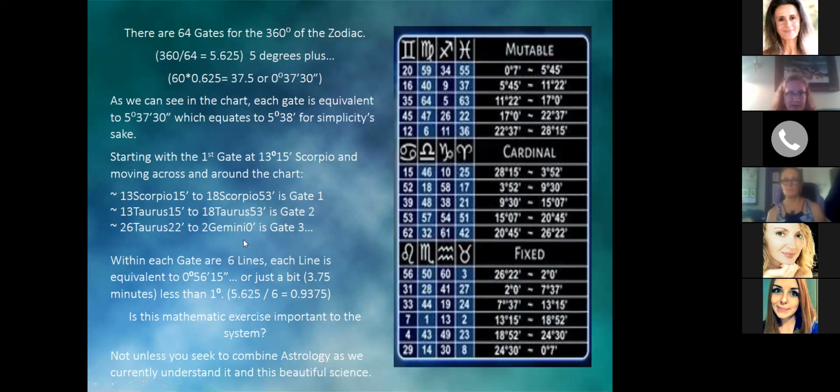Very easy as a reference. So, like I said, 5 degrees, 37.5 minutes for each. And then within each gate are 6 lines. So you've got the six lines, and if you take that, within each gate, the 6 lines divide the 5.625 divided by the 6 lines, you're going to get just under 1 degree.